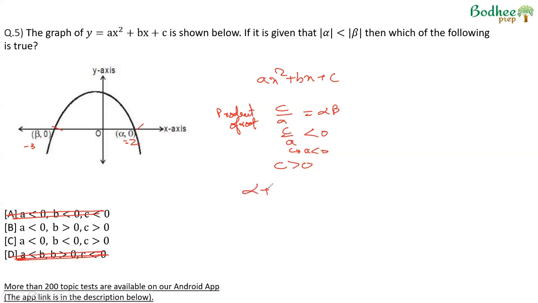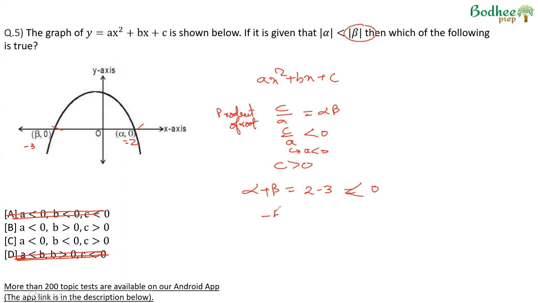Now we look at the sum of roots, which is alpha plus beta. Clearly 2 minus 3, because mod of alpha is less than mod of beta. When we add these, since the negative term is larger in magnitude, the sum of roots is negative. So alpha plus beta has to be less than 0.